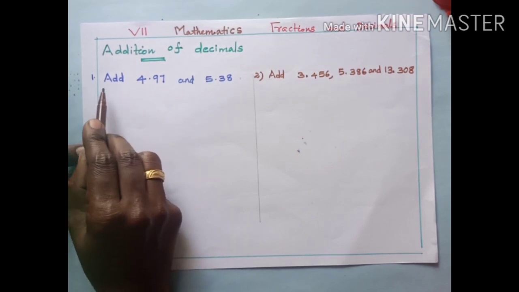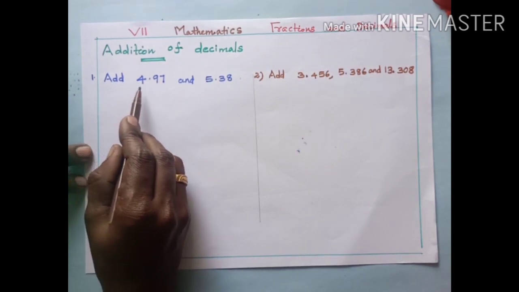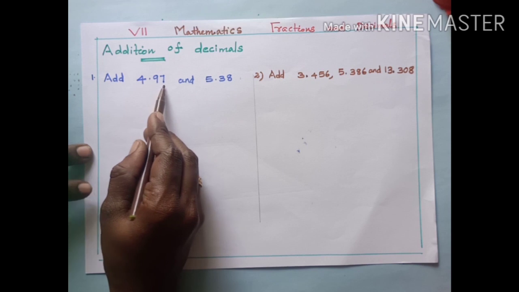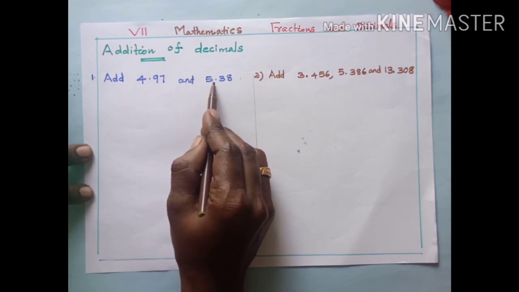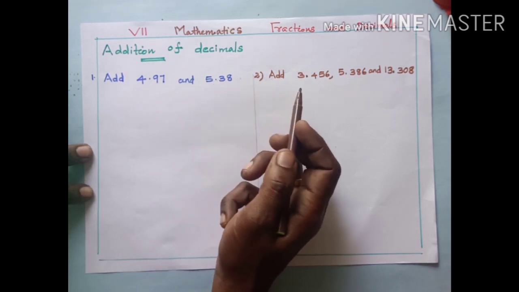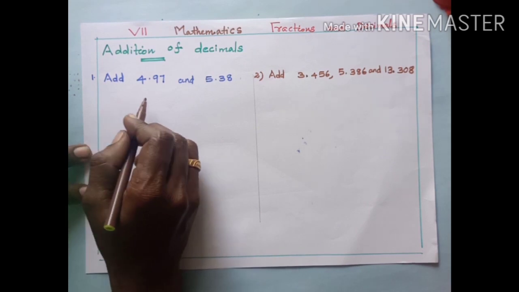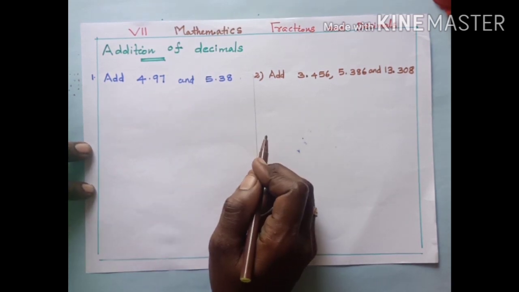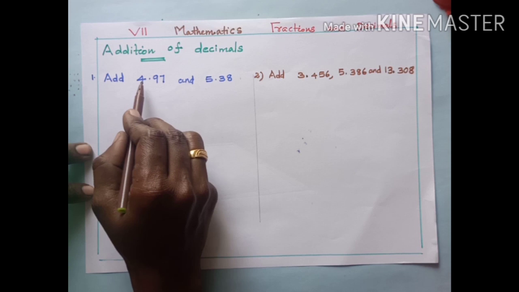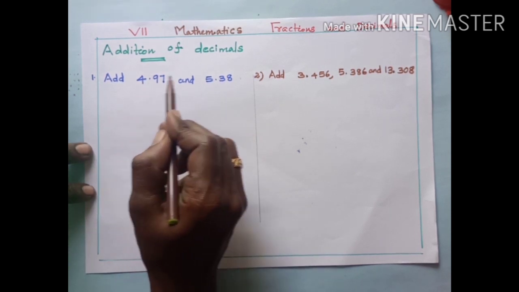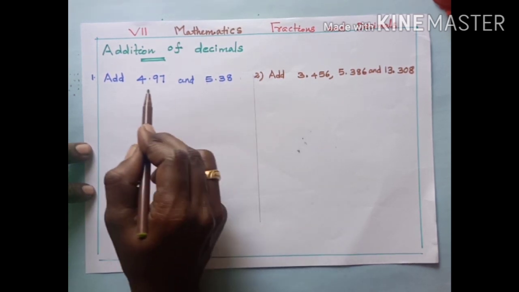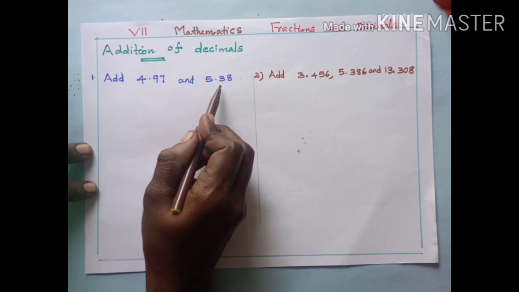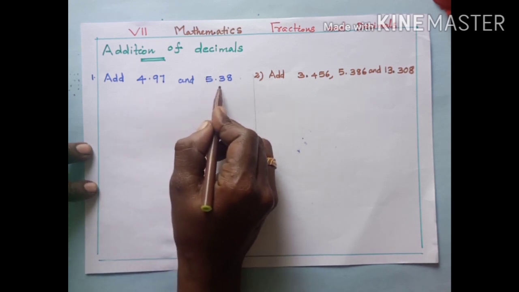Two more questions. Add 4.97 and 5.38. How can I add these two decimal numbers? These are the addends. So, write the addends one below the other.